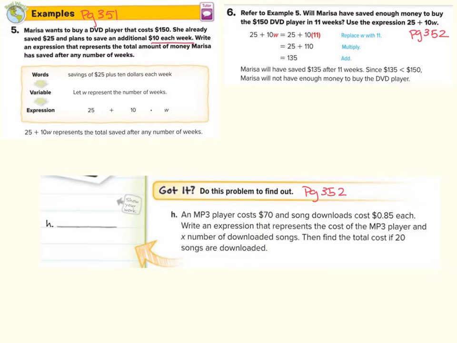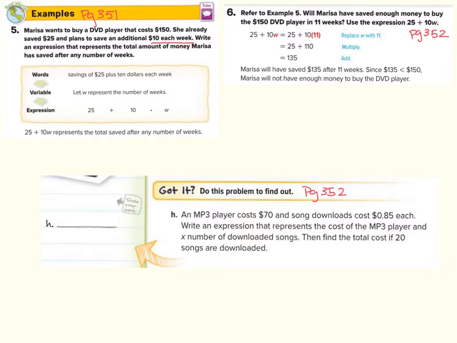So we're going to multiply that by the number of weeks in order to figure out how much she can make in those weeks, and then add 25 to it because she already has that money saved. And then that should equal $150. So they have it written for you right there: 25 plus 10W represents the total saved after any number of weeks.